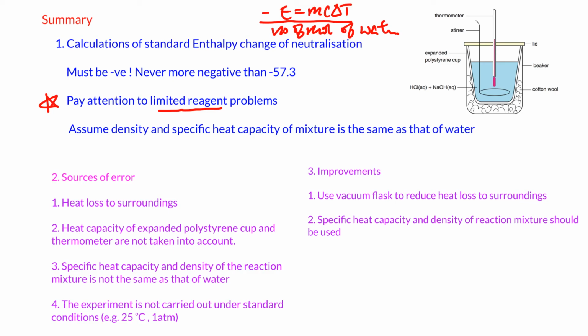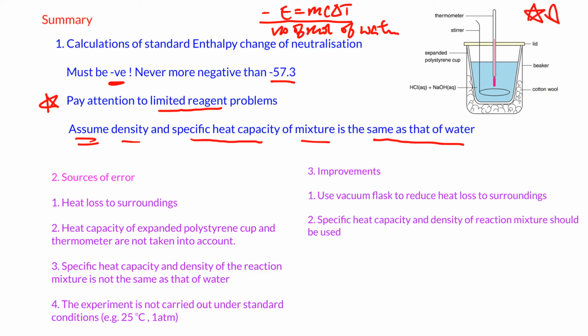The value has to be negative and shouldn't be more negative than negative 57.3. If you calculate negative 58, I think it will still be all right, but if you say negative 60 something, that would be too much. We also have assumptions: we assume the density and specific heat capacity of the mixture are the same as those of water.